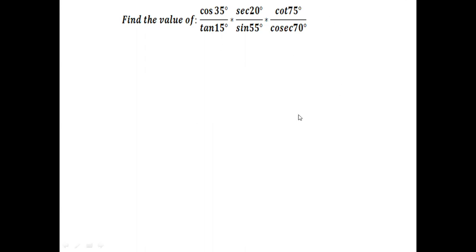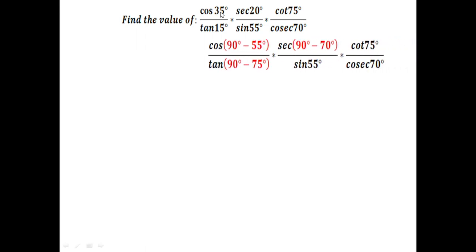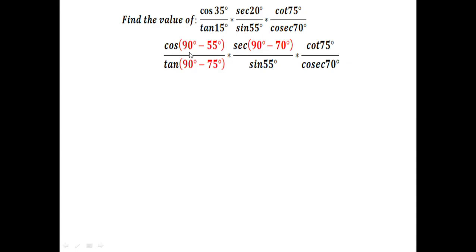Now to solve such a question, let us understand what steps can be taken. First of all, we can write cos 35 as cos of 90 minus 55, because the complementary is already present here, and tan 15 can be written as tan of 90 minus 75. So you see 90 minus 55 is 35, 90 minus 75 is 15.